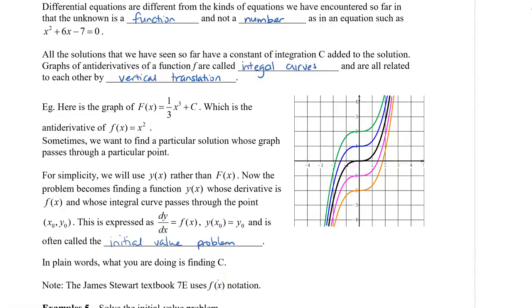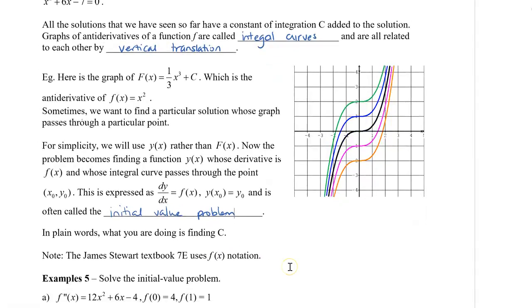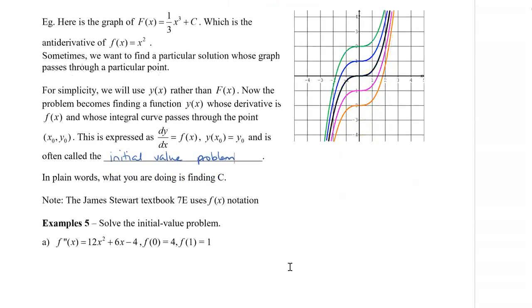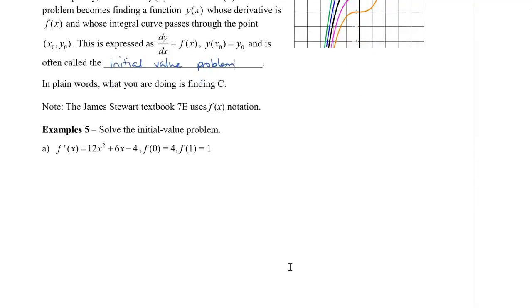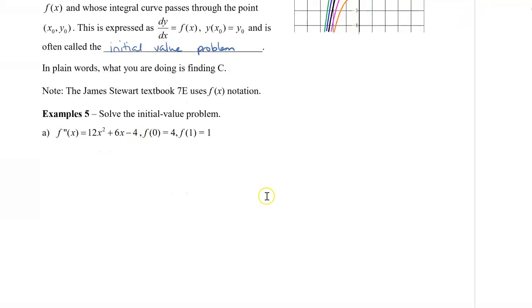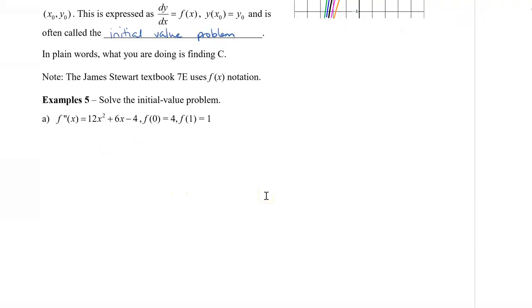Now note that the James Stewart textbook, the 7th edition that we're using, uses the f of x notation. So to mimic that and make it easier for you to transition, I'll also use the f of x notation. For example, here I have f double prime of x equal to this equation here. I also know that f of 0 equals 4, and that f of 1 is equal to 1.